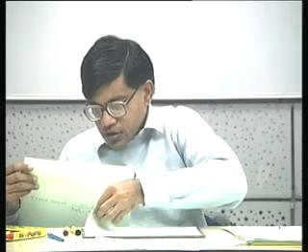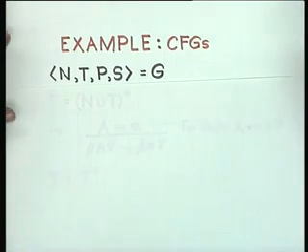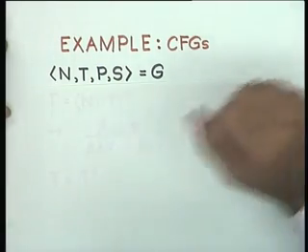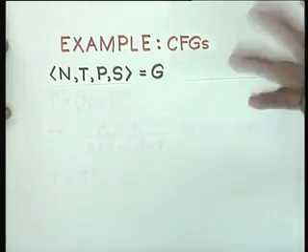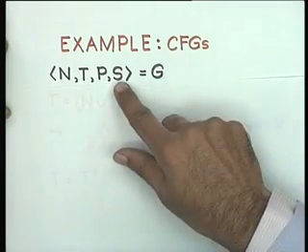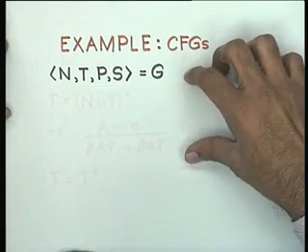In general, let G be a grammar which consists of a finite collection of non-terminal symbols N, a set T of terminal symbols, a set of productions or rewrite rules or replacement rules, and a start symbol S.